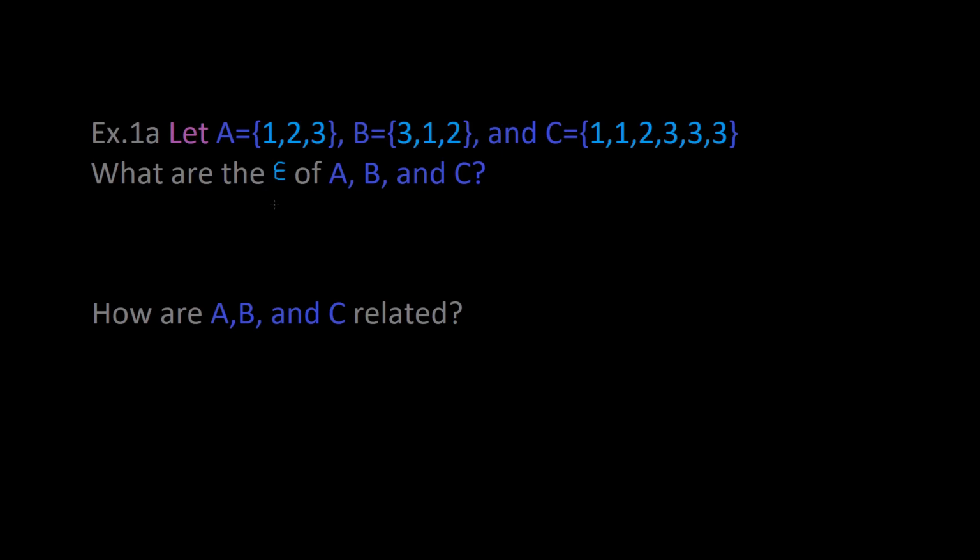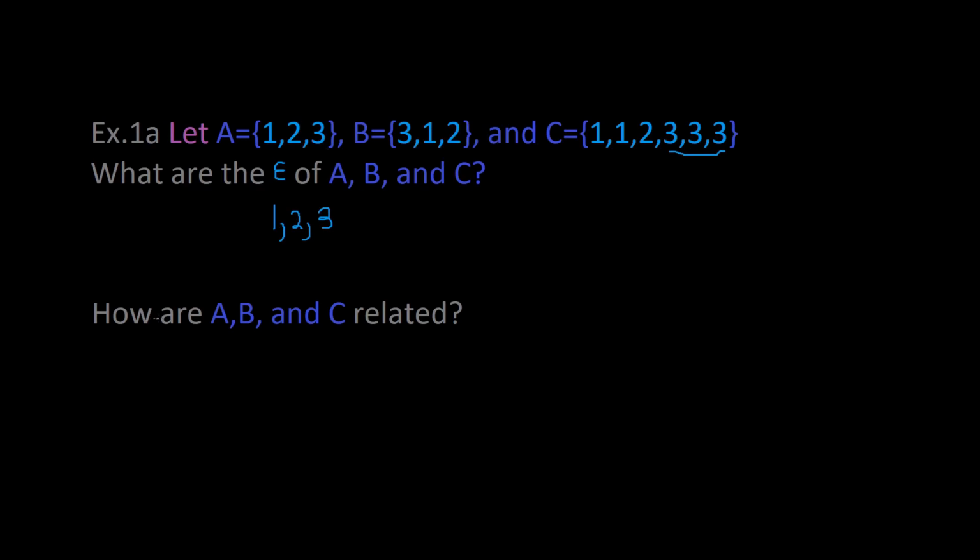Alright, so if you guessed it, the elements are 1, 2, and 3. And what was our axiom saying? It says it doesn't matter how the elements are listed or if they repeat themselves. And so we only had 3 given elements here for these 3 sets.